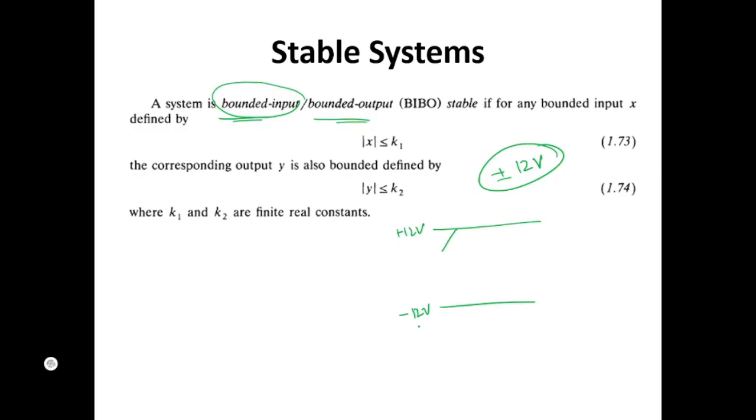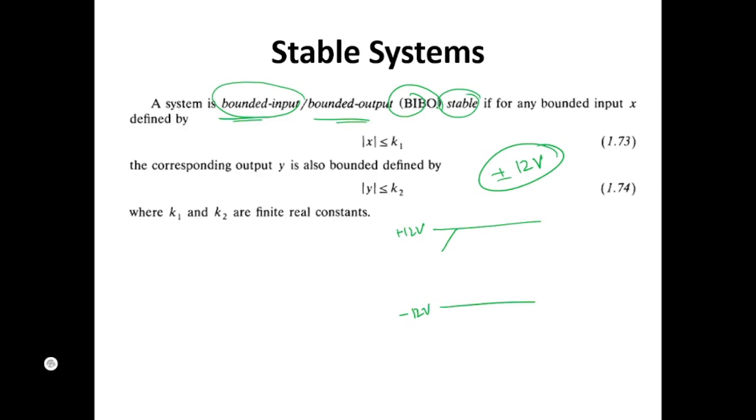So why has this happened? This has happened because you have given a signal which itself is going out of bounds. You have not given a bounded signal. So if we give a bounded input and we get a bounded output, then it is called a BIBO stable system.